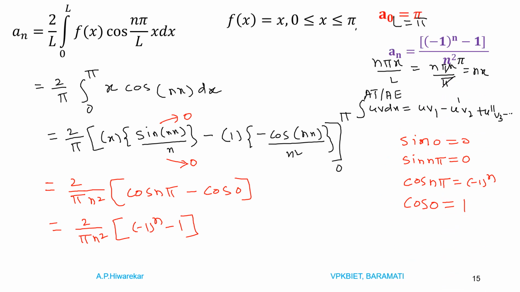Then finally we have to find the value of f(x). So f(x) is given by a0 by 2 plus sigma an cos of n pi x by L with n from 1 to infinity, and the value of a0 we got as pi, so a0 by 2 will be pi by 2.